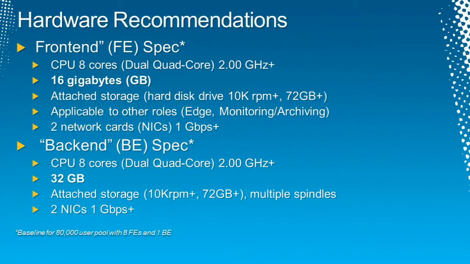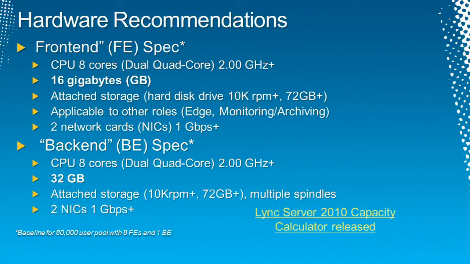Okay, hardware recommendations. Up front, I'd like to let this fly in here already. We now have what we call a Lync server capacity calculator, which is in essence an Excel sheet in which you can punch in your number of users, your modalities, and what type of usage you anticipate.